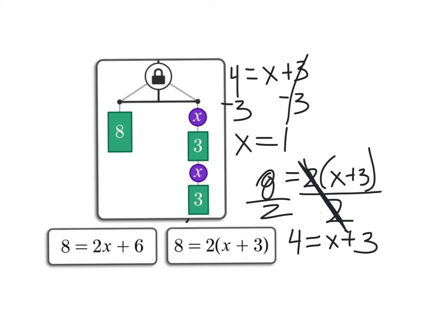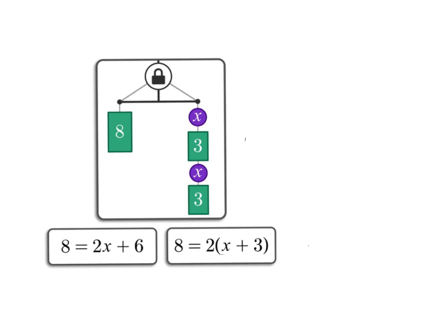Those go away because we have half of what we did. So one procedure when you have a number out in front of the parentheses is divide both sides by that number.